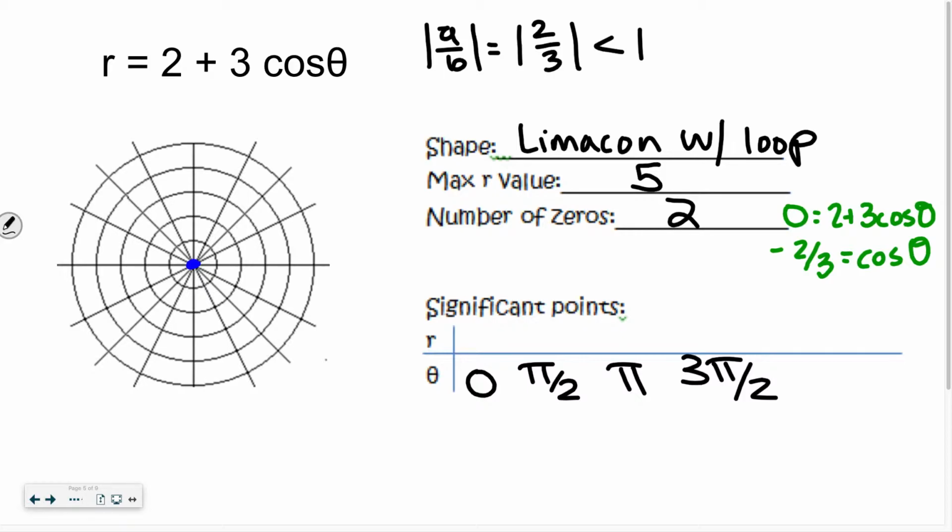Okay, to get your values, plug these things in. What is the cosine of 0? 1 times 3 is 3, plus 2 is 5. There's our max R value. Next one, pi over 2. What is the cosine of pi over 2? 0 times 3 is 0, plus 2 is 2.